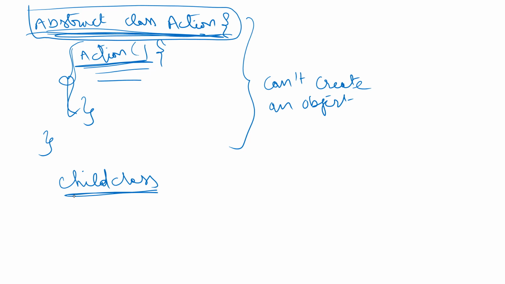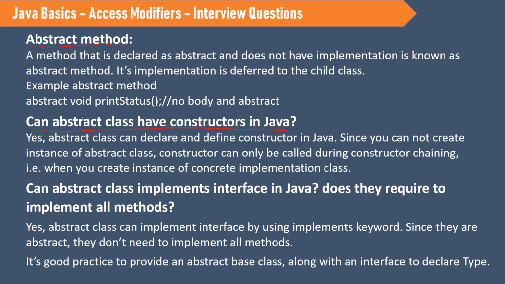And when we create an object for this child class, then this constructor will be called. So for the question, can abstract class have constructors in Java? Yes, abstract class can declare and define constructors in Java. Since you cannot create an instance of the abstract class, the constructor can only be called during constructor chaining. That is, when you create an instance of a concrete implementation class. That means when we create an object for the child class, then this abstract class constructor will be called.